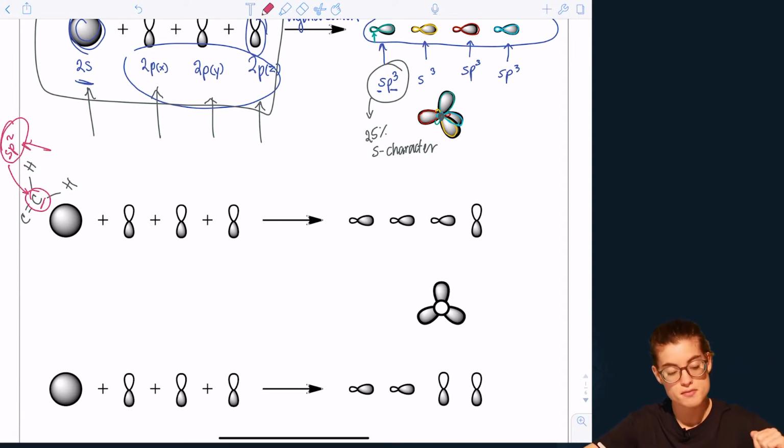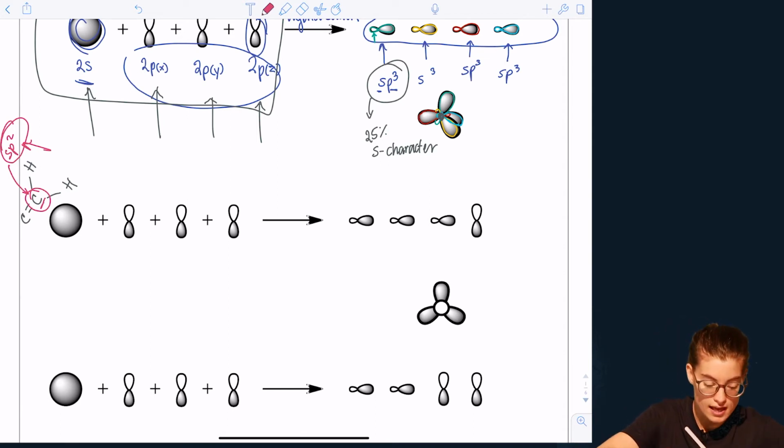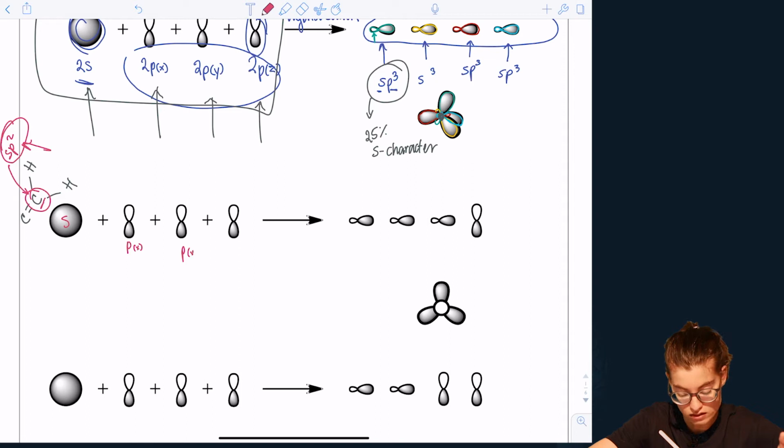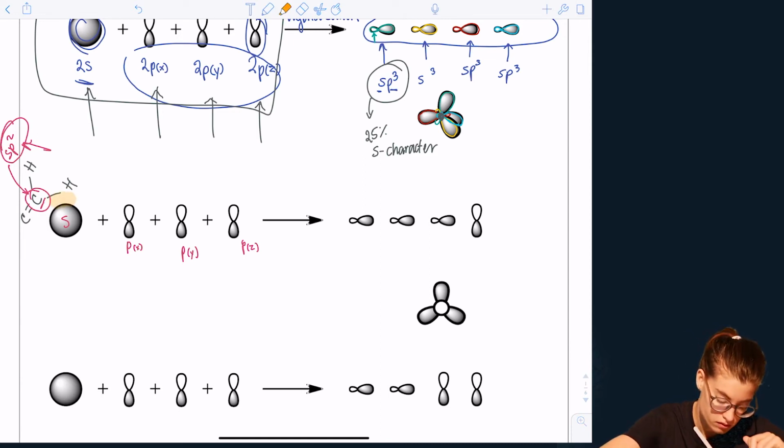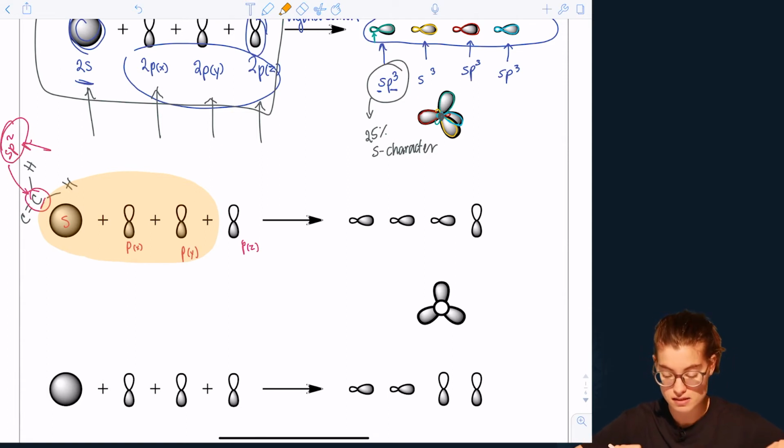If this carbon is sp2 hybridized, that means I took an s orbital and 2 p orbitals. So let's just say I took the px and the py, and then here's the pz. So I'm going to take the s, the px, and the py, these 3 orbitals, and I'm going to hybridize them together.